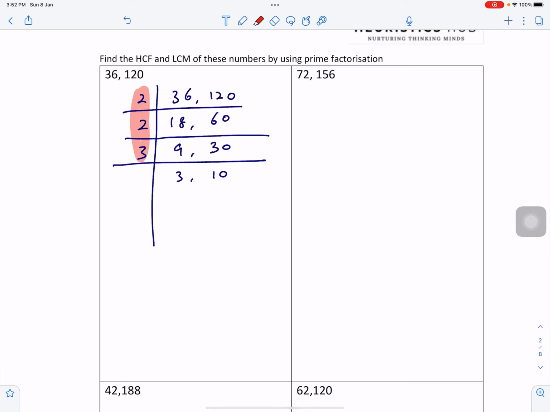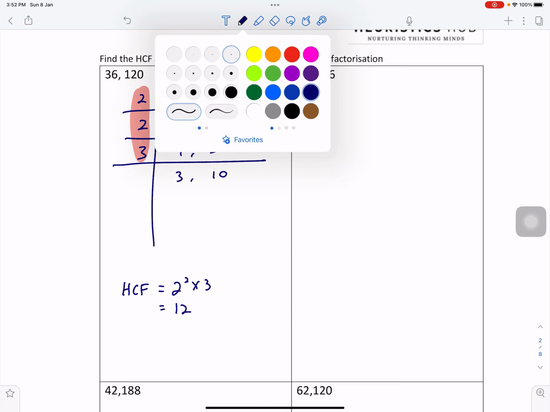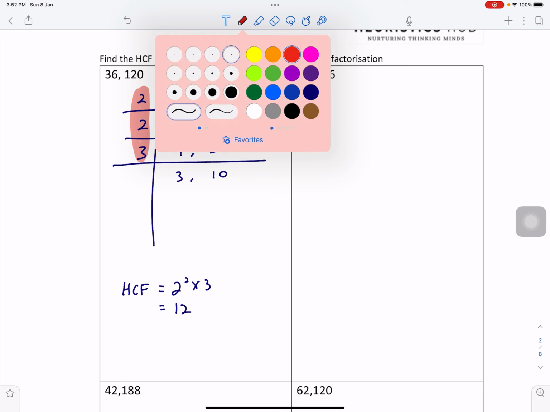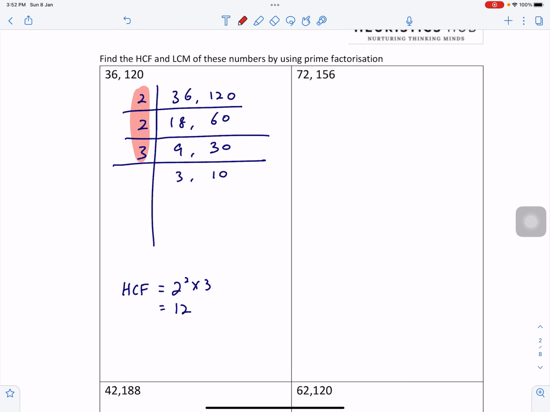This is your HCF, highest common factor. This gives you 2 to the power of 2 times 3, which is 12. Then you continue on, and you can write this in index notation if you want.